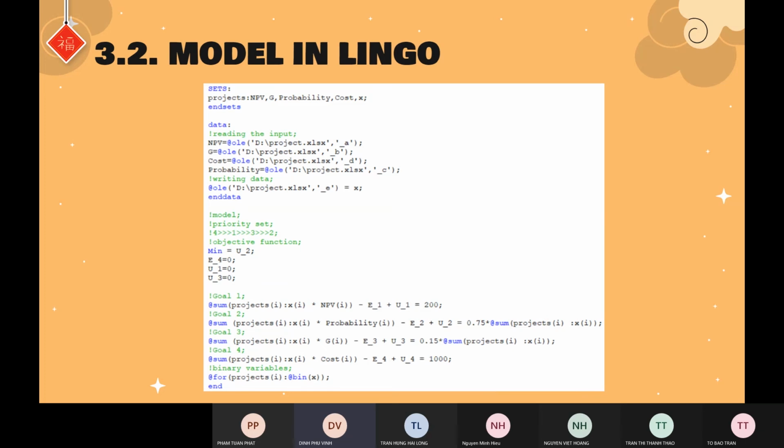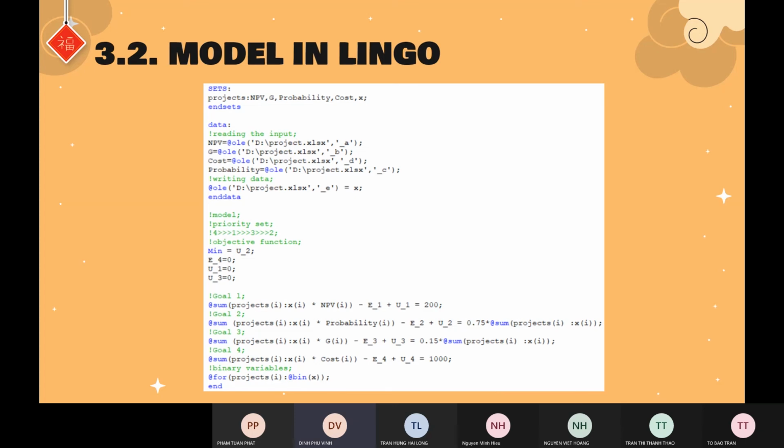We start by minimizing the deviation variables for the first prioritized goal, number 4. The result we get from solving goal number 4 will be fixed in the model and treated as a hard constraint. At the first step, we want to solve the 4th goal, in which we want to minimize the total cost of all projects. It should be at most $1 billion.